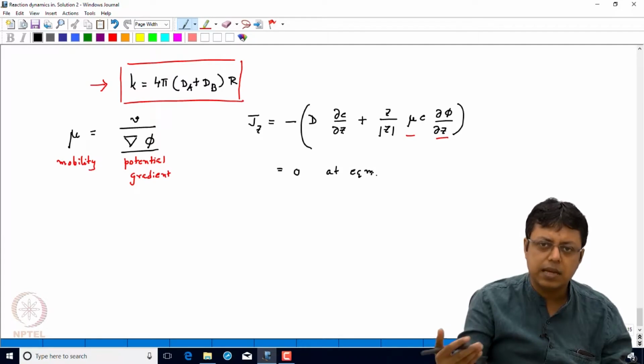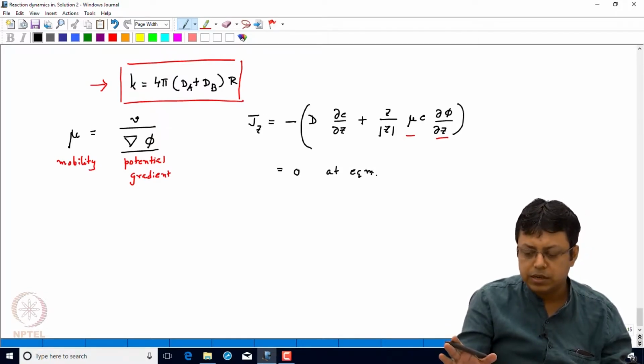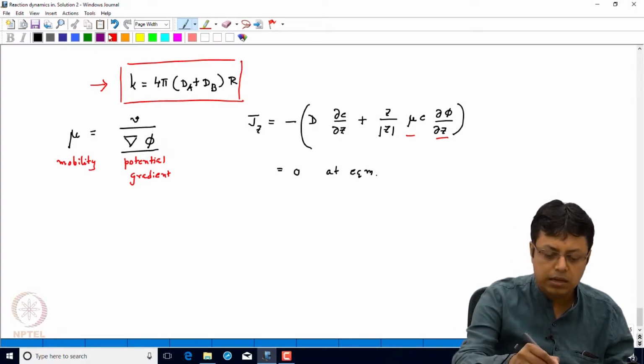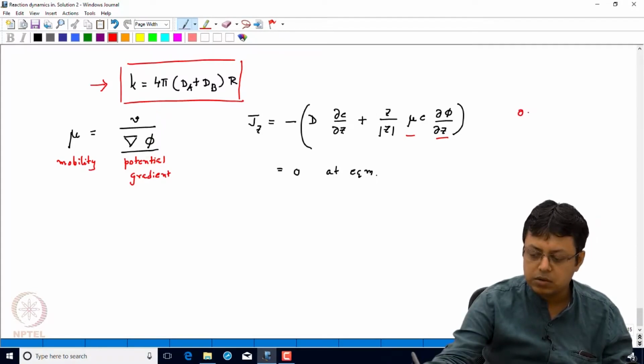This is exactly the same approach we were following, and then we can rearrange the terms. I have to integrate the C dependent term, and instead of writing del C del Z we could have written dC dz, because we are just considering a one-dimensional problem right now. So it is identical to dC dz.